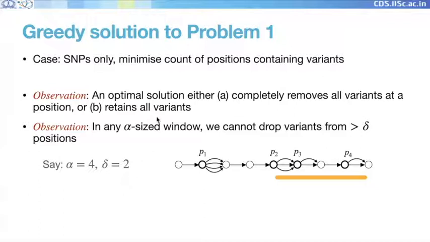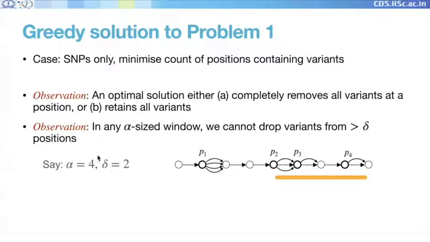The first observation, which is a simple one, is that an optimal solution will either completely remove all variants at a position or retain all variants at a position. Second, to ensure alpha delta compatibility, we cannot afford to drop variants from more than delta positions in any alpha sized window.